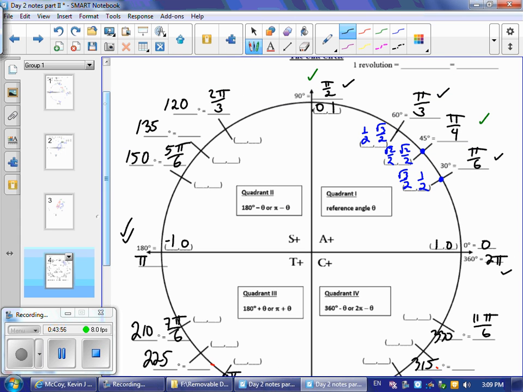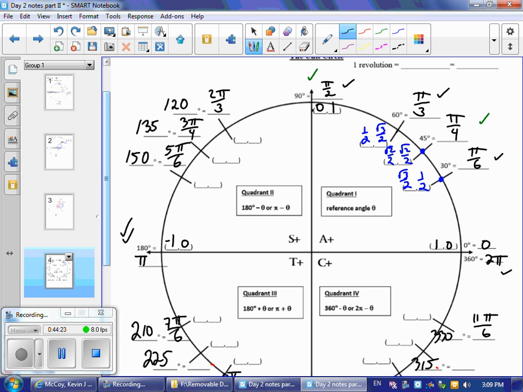Okay, now all we have to do is fill in everything that ends in a 5. 45, 135, 225, 315, all of them end in 5. Good news is they all have 4 in the denominator. The first one is 1 pi over 4. 2 pi over 4 is at the top where 90 degrees is, but 2/4 again reduces to 1/2. So the next one logically would be 3 pi over 4.